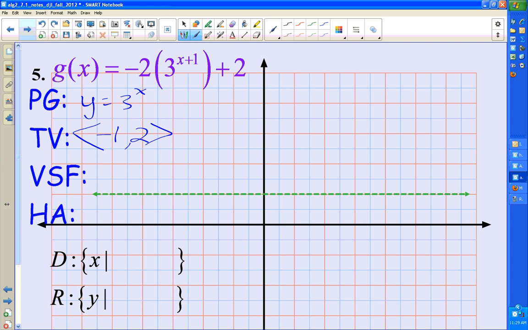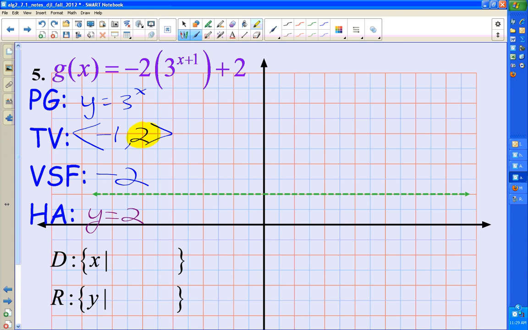Dayton, what's the vertical stretch factor? Good, negative 2. The horizontal asymptote is always going to be easy to find. Grant, what is it? Remember, if you don't see it, it's always the y coordinate of your translation vector. So in this case, y equals 2.